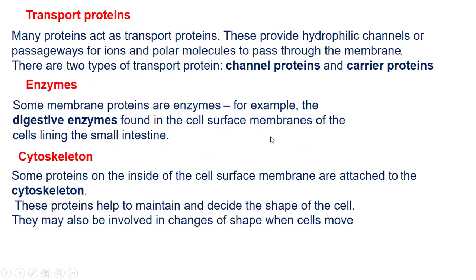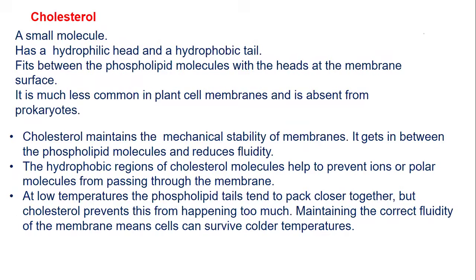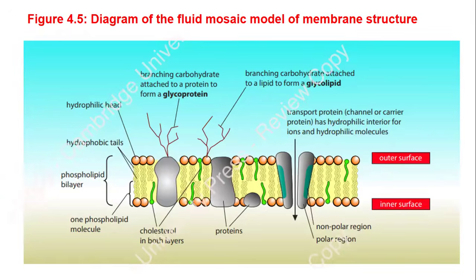Okay, how about proteins? Now, some of the proteins are able to act as transport proteins. When you look at the proteins, they play different roles. Some of the proteins, still back to our diagram, act as transport proteins. What do we mean by transport proteins? They are going to be channels or pathways where the molecules we saw that cannot cross the cell surface membrane can pass.